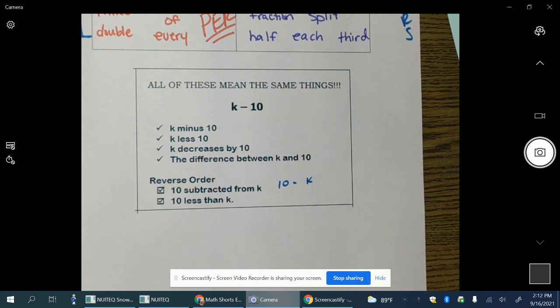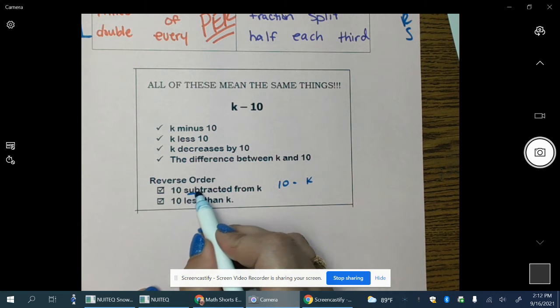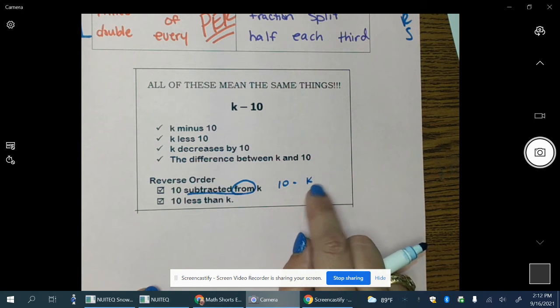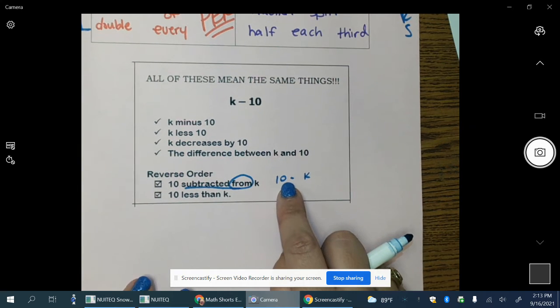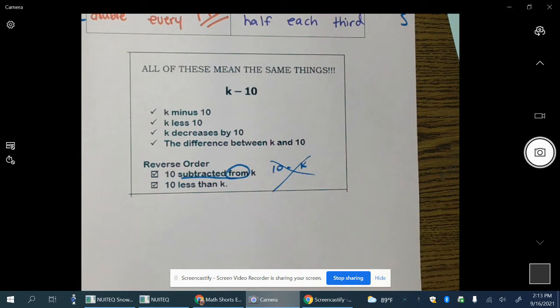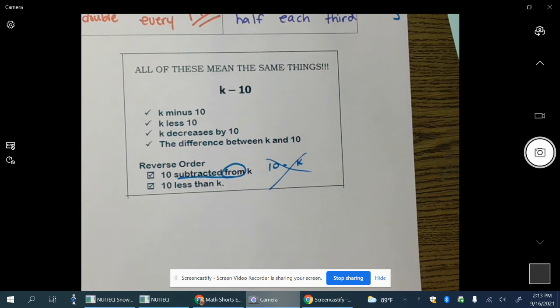But it says subtracted from K. What is being subtracted? Taking away. K is being subtracted from 10. Okay? So this is not correct. So be very careful. Subtracted from and less than, that's where people get confused. Otherwise, it's pretty easy, pretty basic.